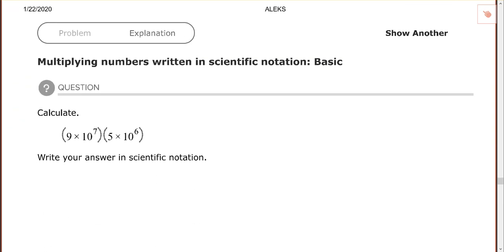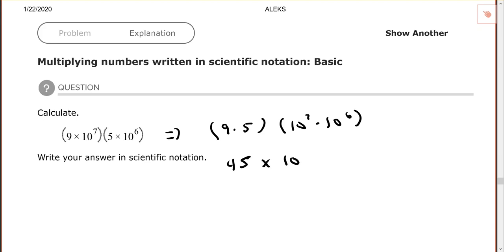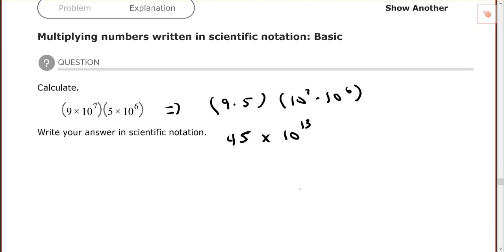All right, so here we have 9 times 10 to the 7th times 5 times 10 to the 6th. So rewrite that as 9 times 5 times 10 to the 7th times 10 to the 6th. Okay, so we have 45, which we already know is not in scientific notation, so we're going to have to do a little bit more work, times 10 to the 13th. So we need our decimal to be in between the 4 and the 5.